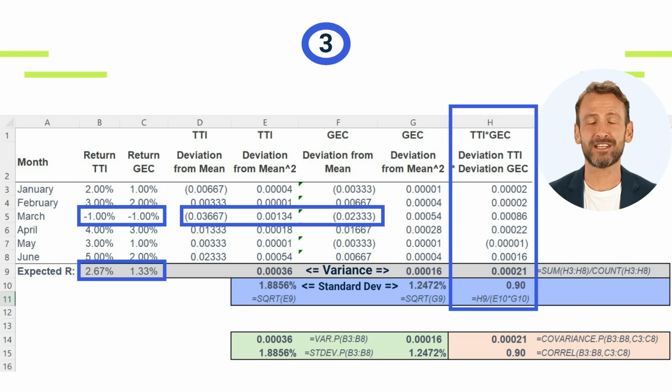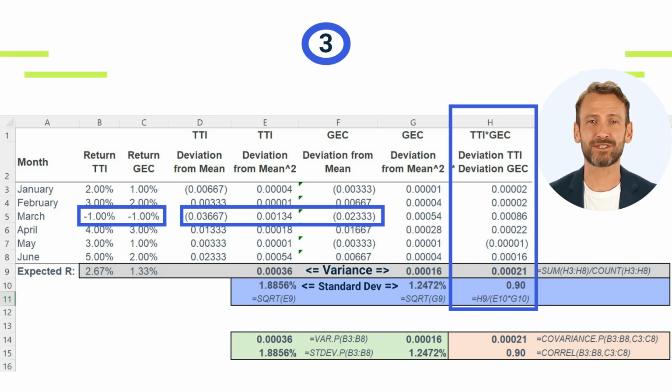When we multiply the deviation of TTI and the deviation of GEC, since both are negative, the result is a positive value. A positive covariance indicates that TTI and GEC move in the same direction. When the returns of TTI increase, the returns of GEC also increase, and when TTI decreases, GEC also decreases.